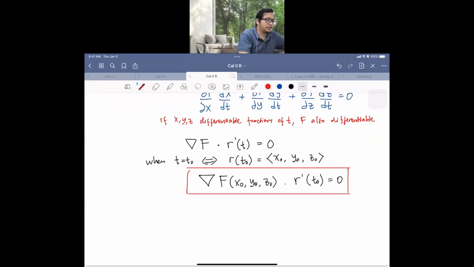So from here we can write the implication that the gradient vector of f at point P is perpendicular to the tangent vector.